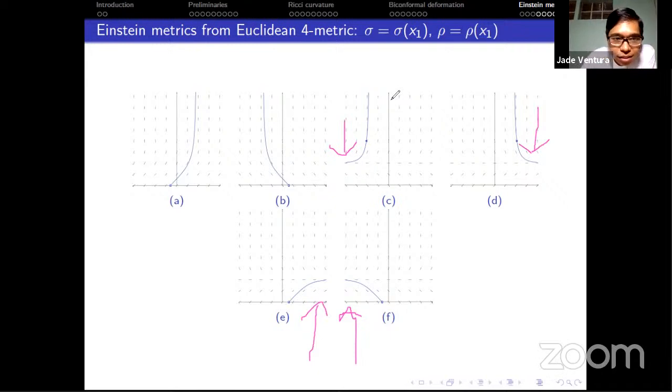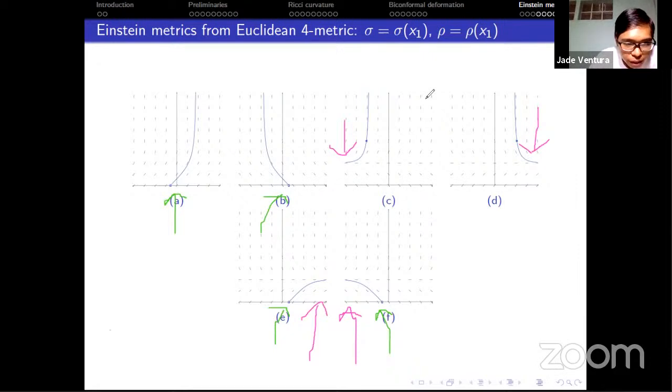On the other hand, this limit here, well, let me use another color. This limit here, this limit of 0 here, this also, and this means that the corresponding metrics asymptotically approach the hyperbolic 4 metric.